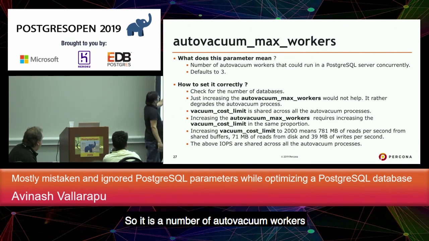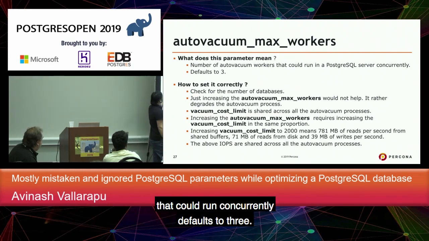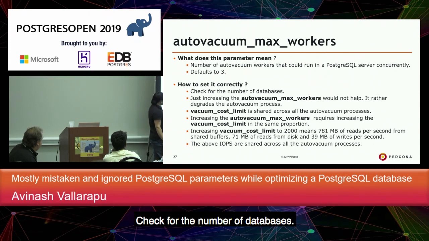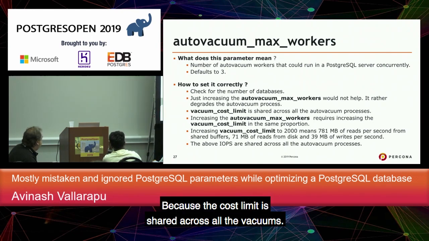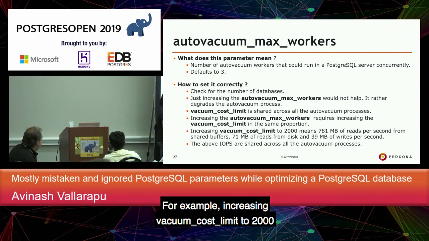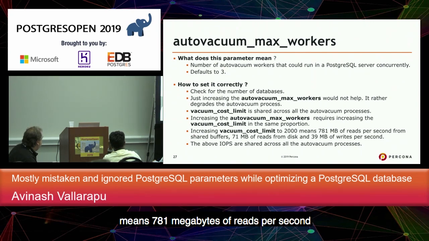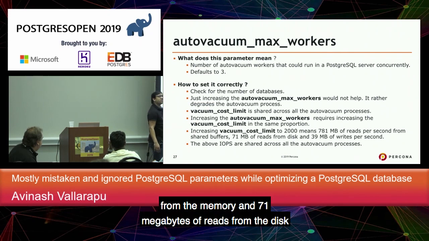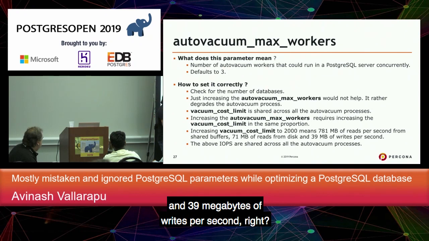It is the number of AutoVacuum workers that could run concurrently, and defaults to 3. Check for the number of databases. Just increasing this would not work, because the cost limit is shared across all the vacuums. So you must go ahead and increase it. For example, increasing vacuum cost limit to 2000 means 781 megabytes of reads per second from memory, 71 megabytes of reads from the disk, and 39 megabytes of writes per second, right?